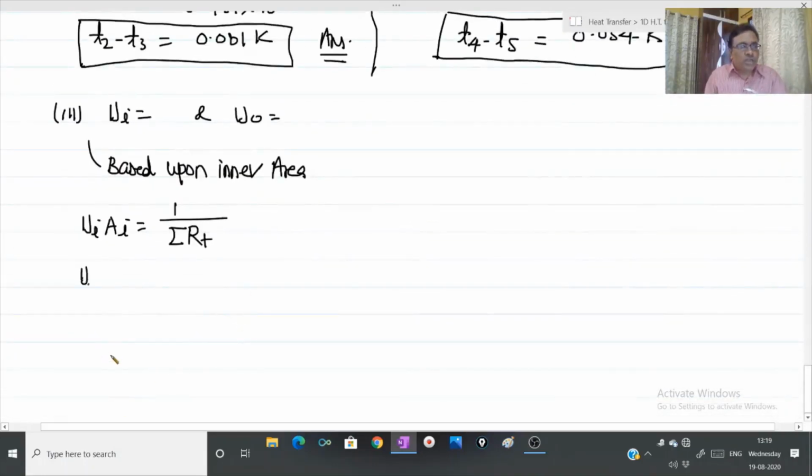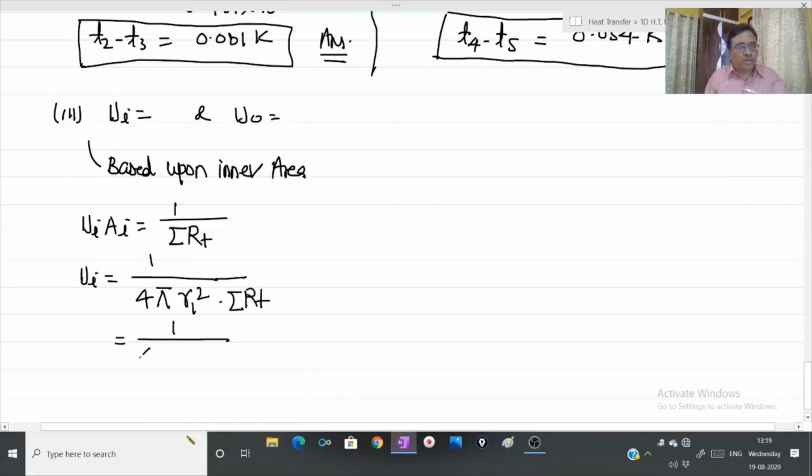So Ui is equal to 1 over Ai, which is 4 pi R1 square, into summation of RT.